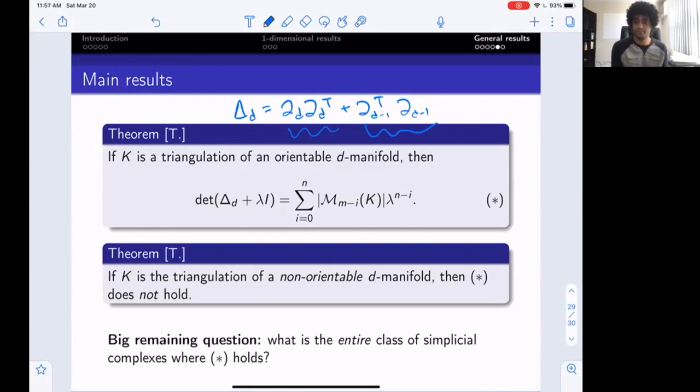Oh, that's a good question. So you say that if you have a non-orientable d-manifold, then this equation doesn't hold. But is there a weighted version? So in Kirchhoff's theorem, right, if you require some weights on the rooted forests that show up, coming from homology, is some version of this theorem true if you allow certain weights inside of this sum?